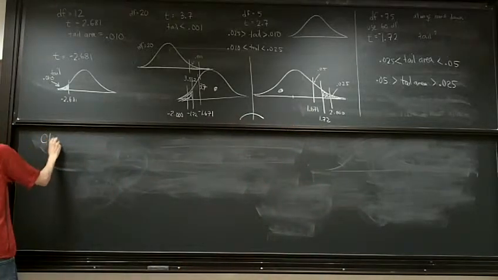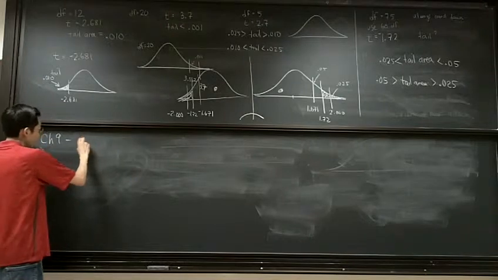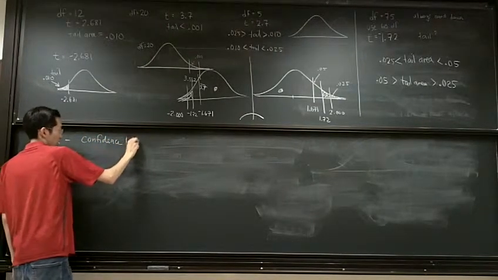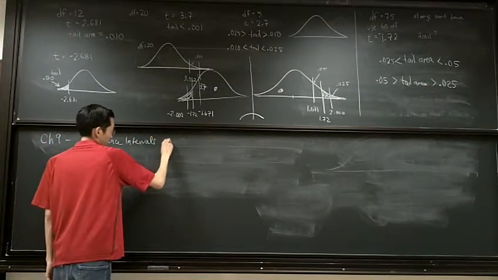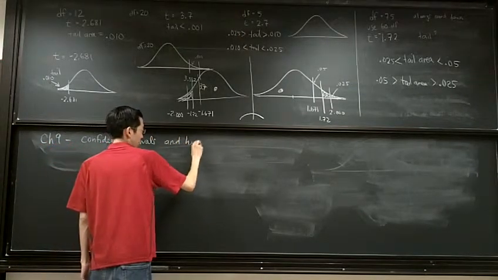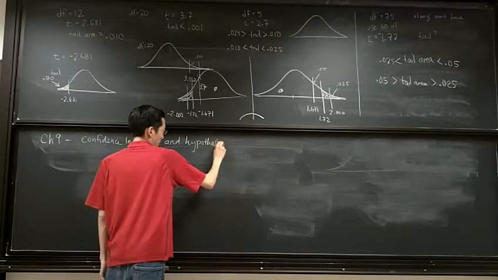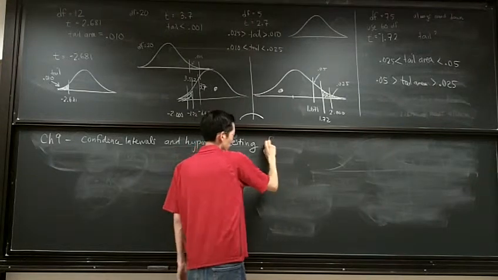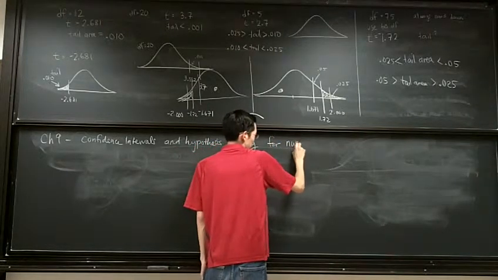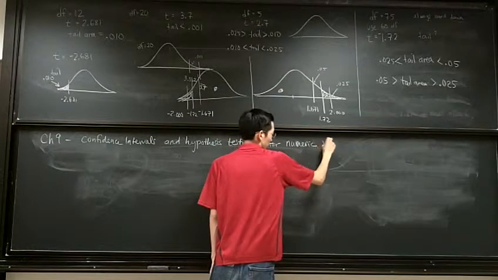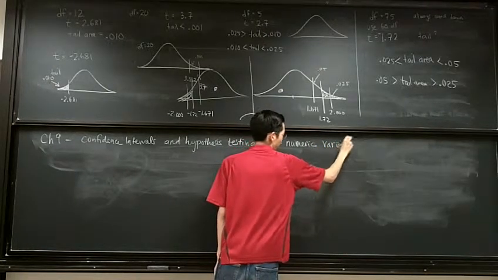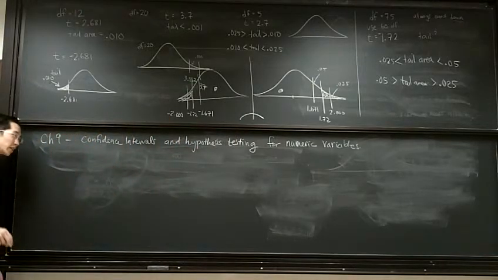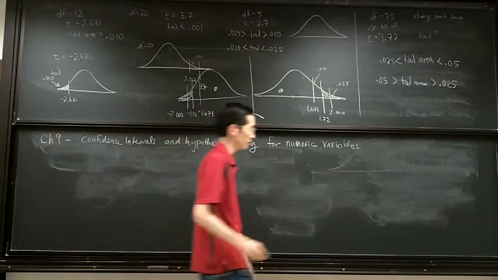So in chapter 9, we will be doing confidence intervals and hypothesis testing, with numeric variables. And in chapter 9, we will always be using the T table.